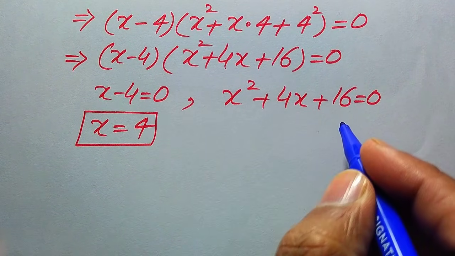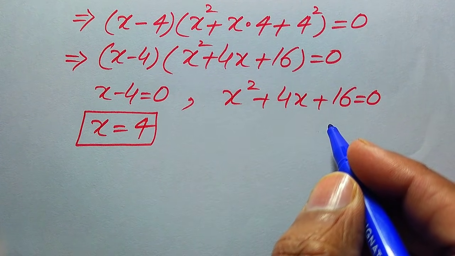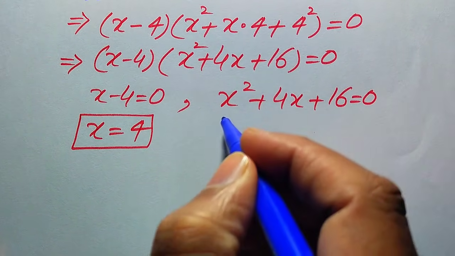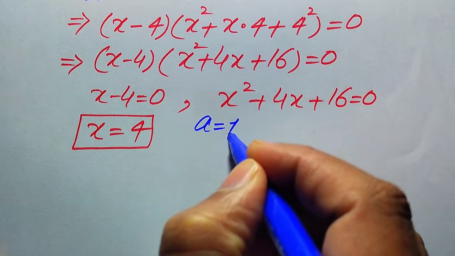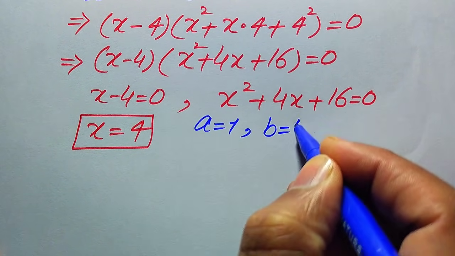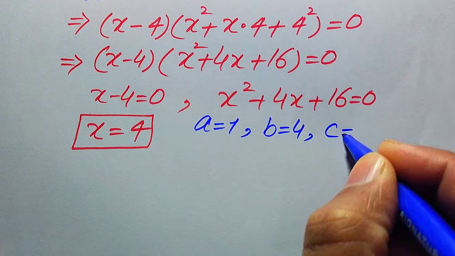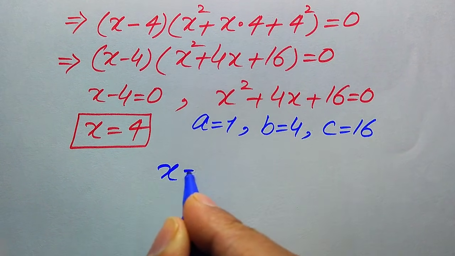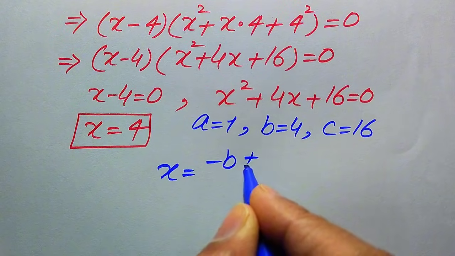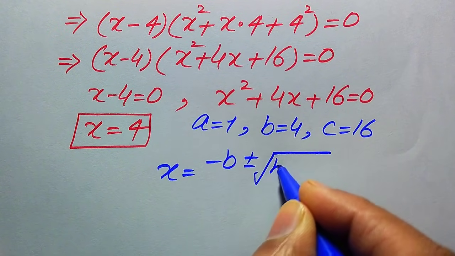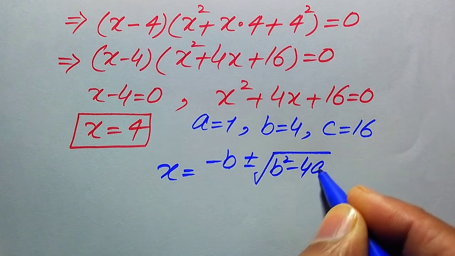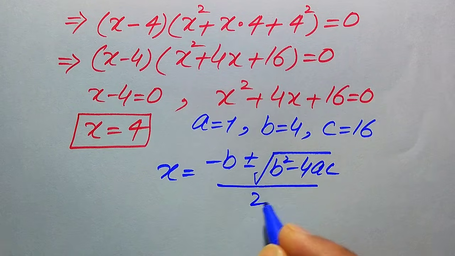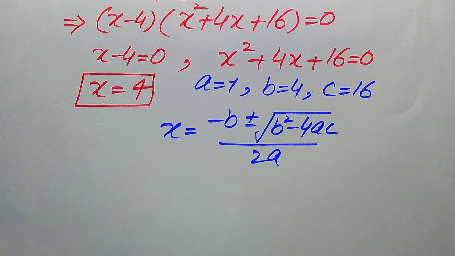So here we first need to write the coefficients of this equation: a equals to 1, b equals to 4, and c equals to 16. And we state the quadratic formula as x is equal to minus b plus minus square root of b square minus 4ac, divided by 2a.